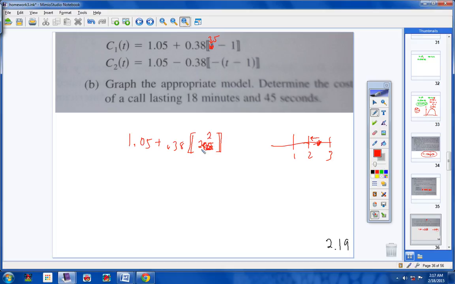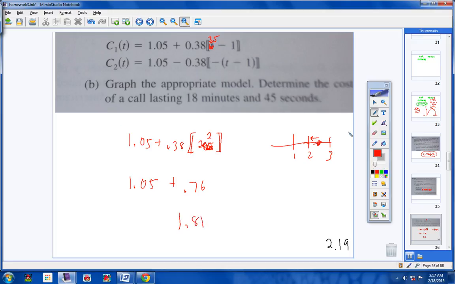Now that's how you'll do those every time, okay? You're always going to go to the left, to the first integer you come to. So now if you take this, trust me, you're not going to get $2.19. You're going to get $1.05 plus 76 cents. Alright, so $1.05 plus 76 gives you $1.81. So this top model here did not work.